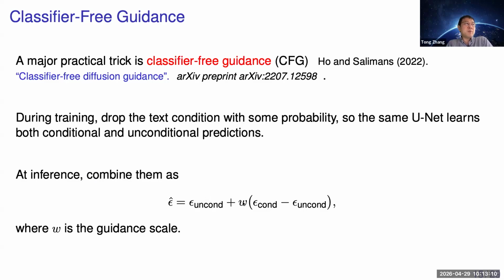Essentially, if W is 1, it's basically the same as conditioned. If W is 0, it's basically unconditioned; the text prompt has no effect. W equal to 1 is the same as what you are training with the text prompt. The interesting thing is W larger than 1, say 2 or 3, right?